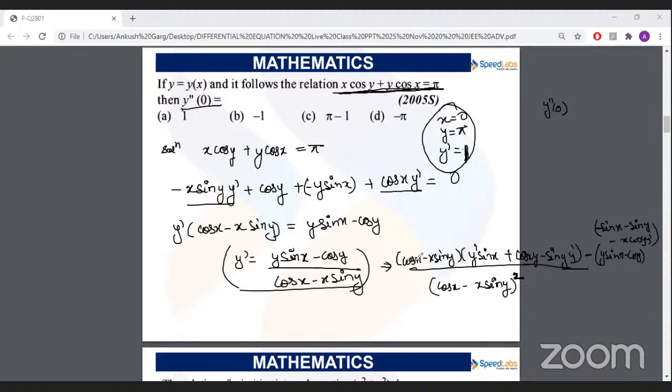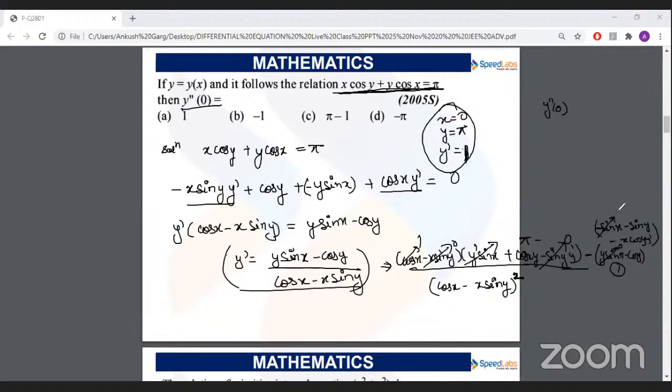So cos 0, that is 1, minus 0, so it is 0, and this is 1. Here sin 0 is 0. Cos x, that is cos 0, 1 into y, that is pi, minus sin pi, that is 0. Here you have y sin x, so sin 0 is 0. Cos of pi is minus 1, so minus minus will be plus 1.